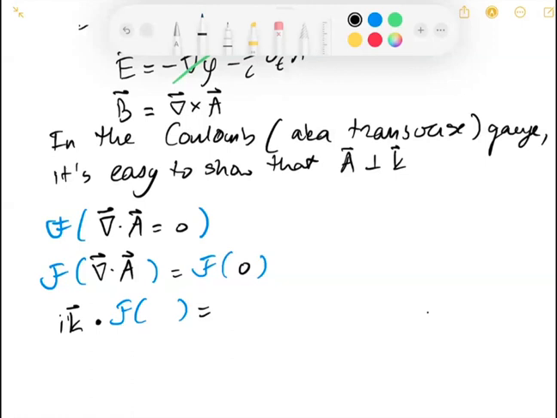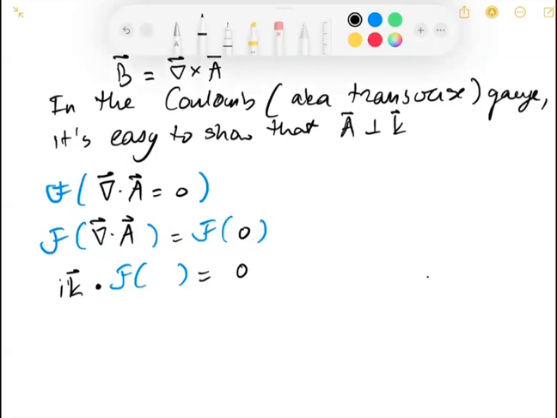And then on the right-hand side here is 0, because the Fourier transform is a linear operator. So if the thing that you're integrating is 0, then the Fourier transform is also 0. Okay, so this thing we can just write as ik dotted with A. And I'm usually putting a little tilde on top of the A to indicate that we're talking about the Fourier transform.